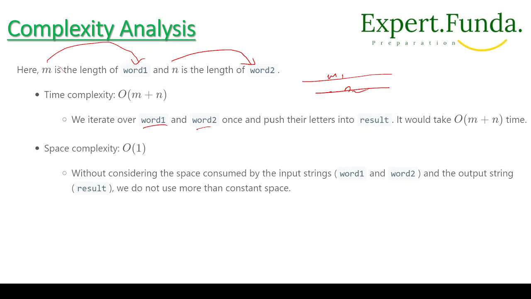We will iterate over both and push into the result, so time is O of m plus n. For space complexity, we are not taking extra space, right? For auxiliary space, we use constant space, and we can say that O of 1 is the space complexity.